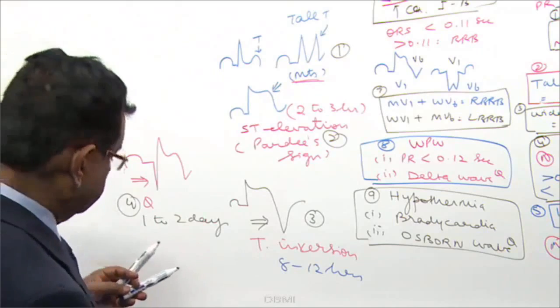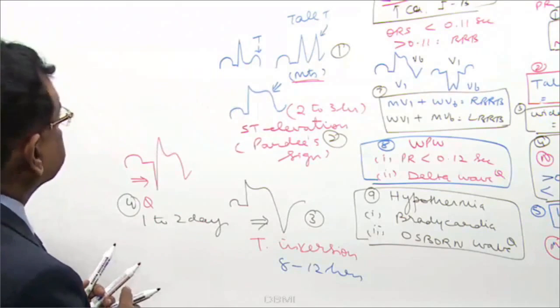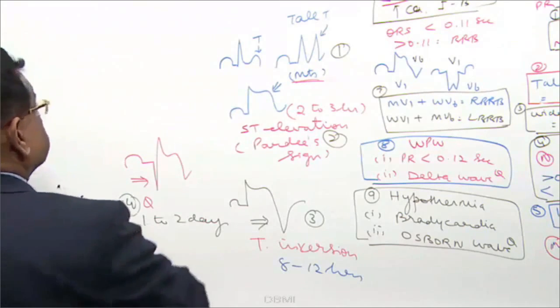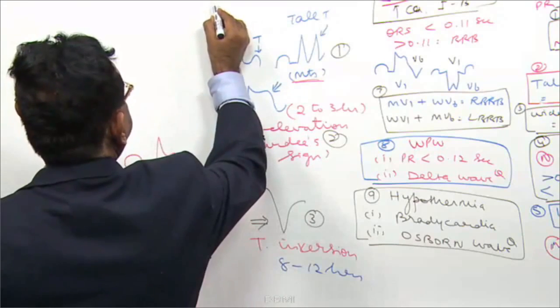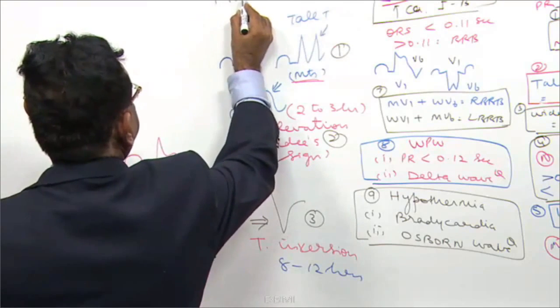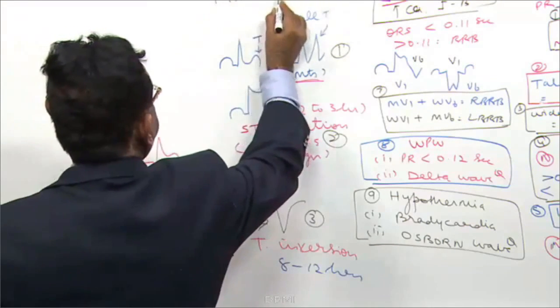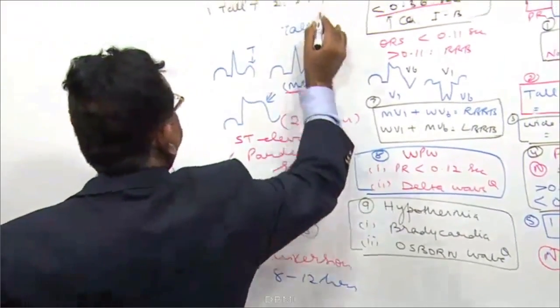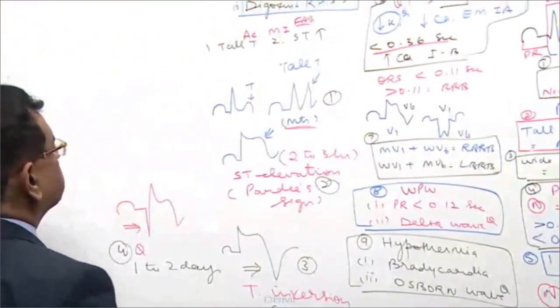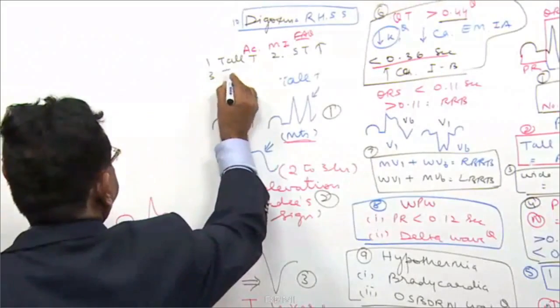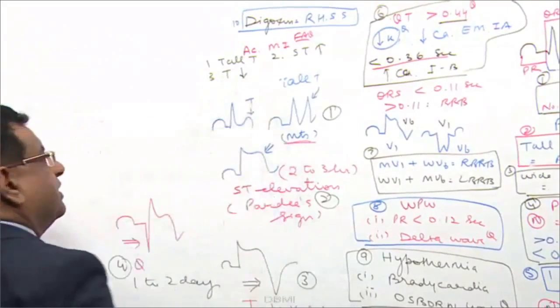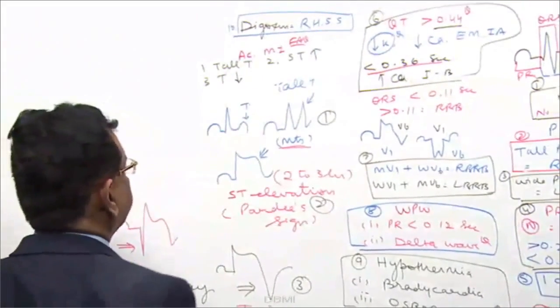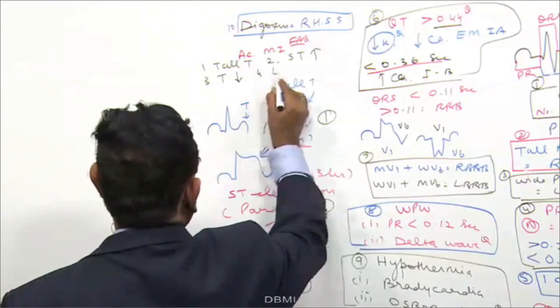So friends, we can make a box like this. Acute MI: the first finding is tall T. Second is ST elevation, upward arrow is elevation. Third, T inversion, down is inversion. And the fourth is Q wave.